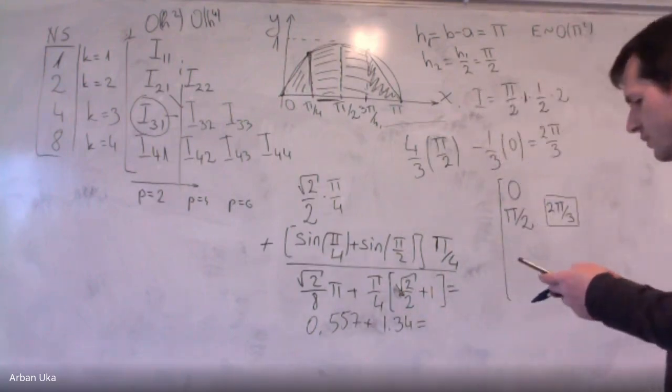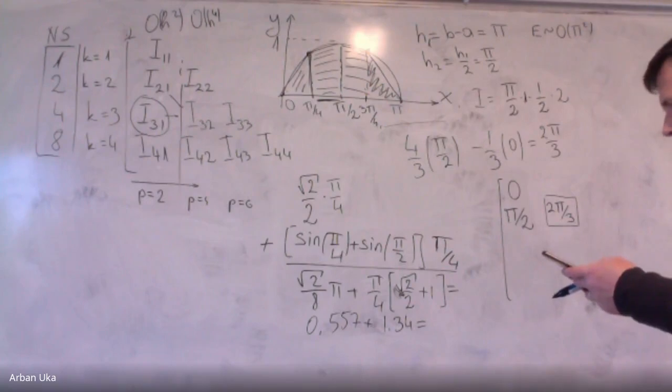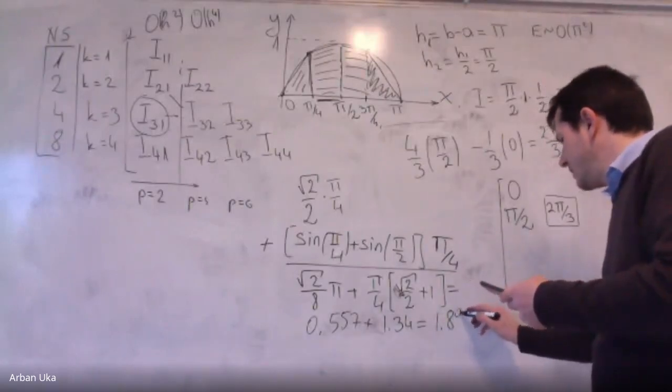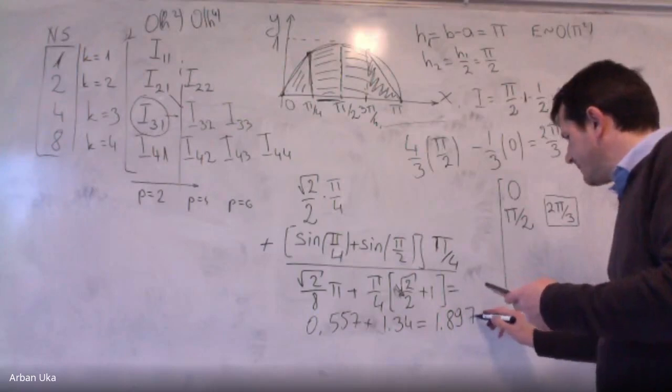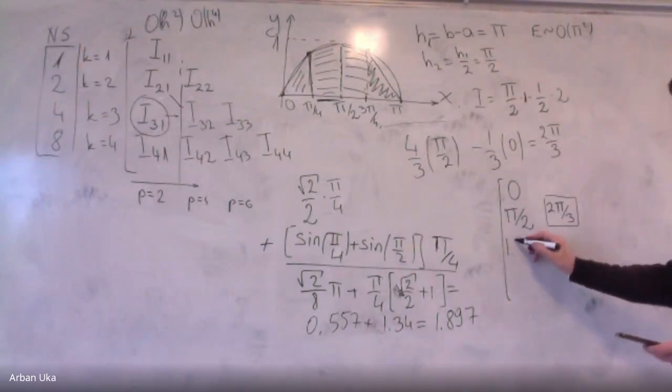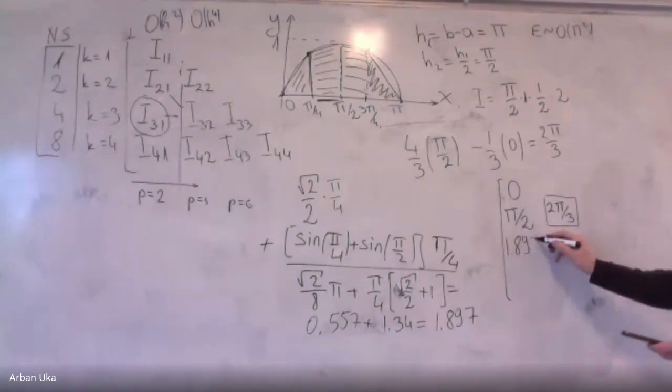And if we add these two together, 1.34 plus 0.557 is equal to 1.897.